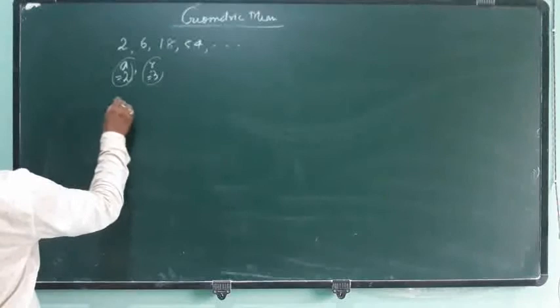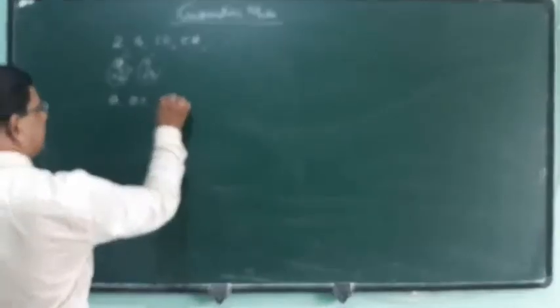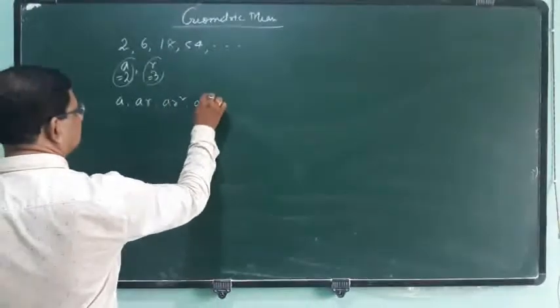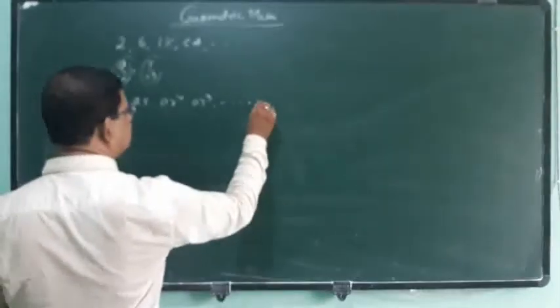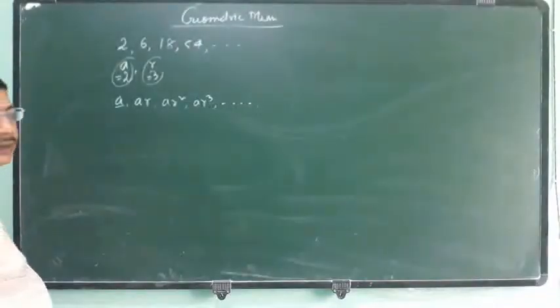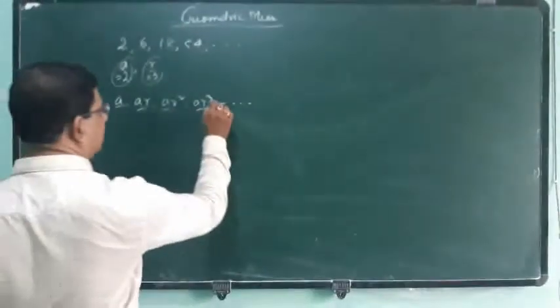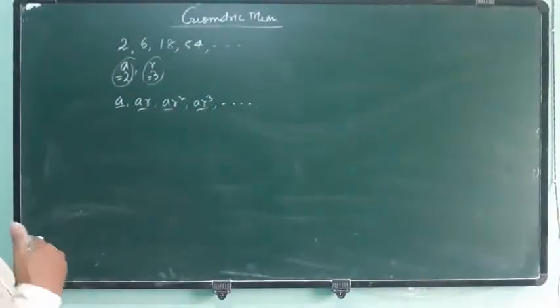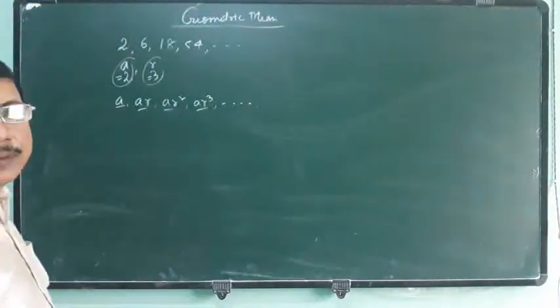Suppose I simply want to write a geometric series. The terms are a, ar, ar square. Here each term is multiplied by r and proceeds.